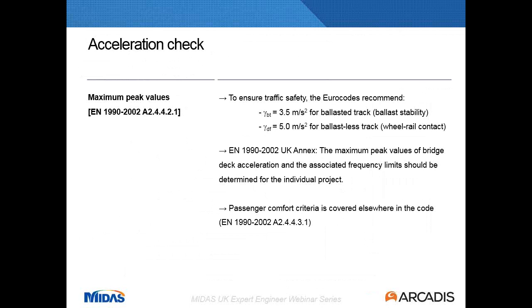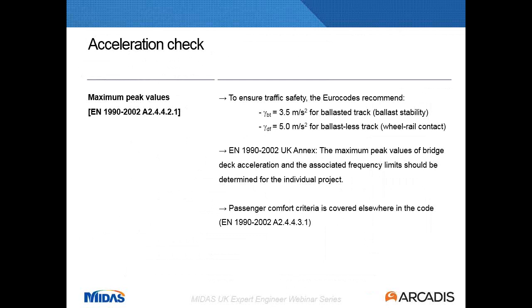The accelerations check. We have said that if we need the dynamic analysis, we have to check the maximum values for the dynamic results, but we have to check acceleration as well. And which are the limiting values that the code imposes? Well, the code recommends a couple of different values if you're with a ballasted track or a ballastless track.